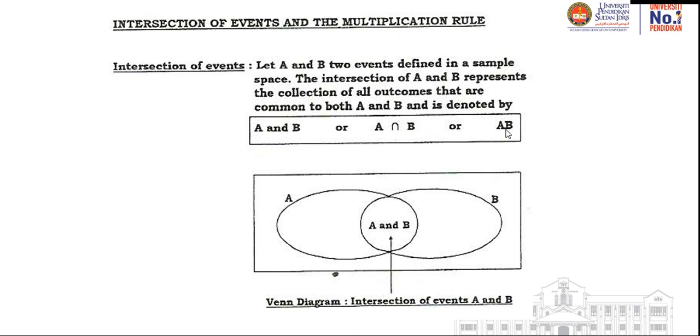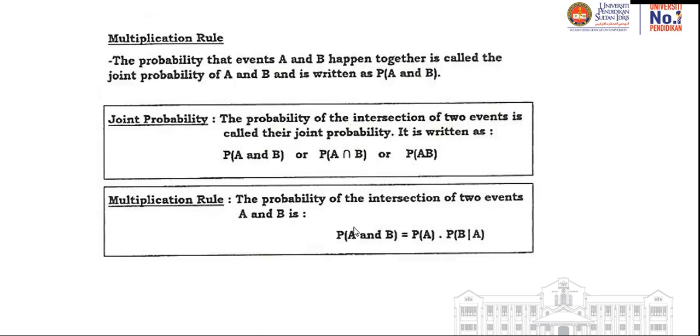There are several ways to represent intersection of events, and it depends on which book you use. For this part, most of the time we use the intersect symbol, A and B. At the bottom there is the Venn diagram, and if there is an intersection between event A and B, we write it as A and B, which is the intersection of those two events. So this is the Venn diagram.